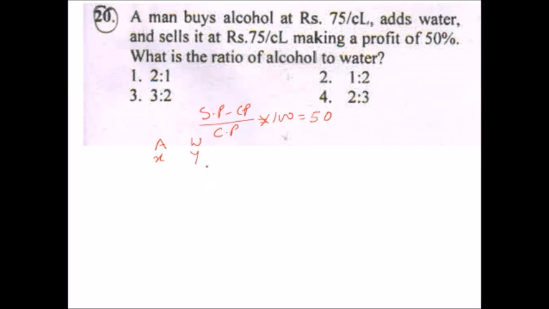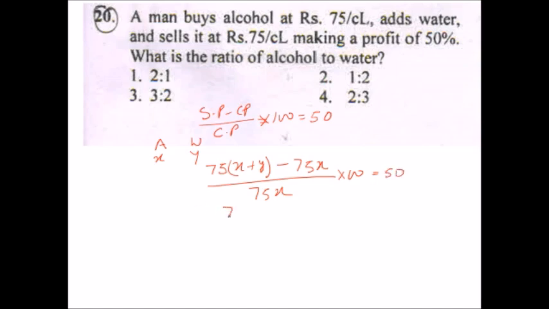Then SP will be 75 into alcohol plus water content, and CP is on cost only for the alcohol, which is 75x, and the total CP is 75x.